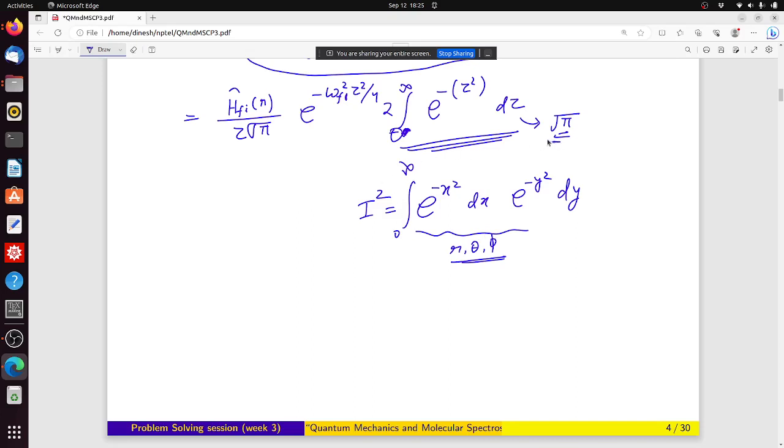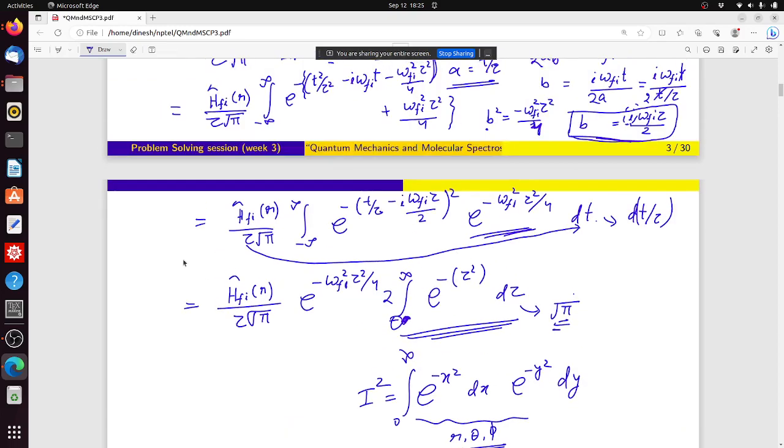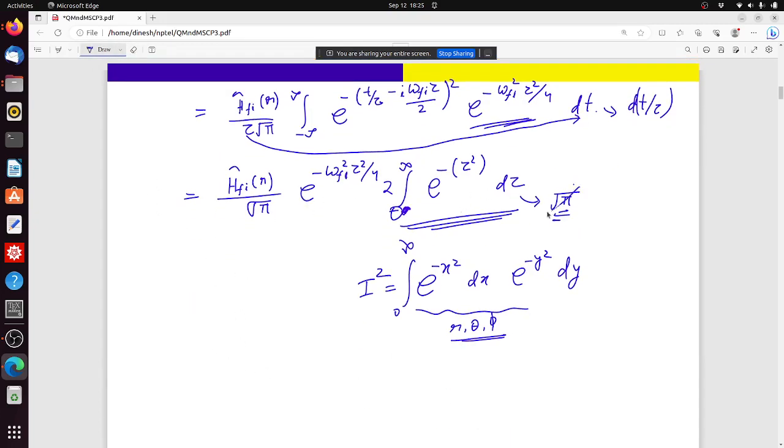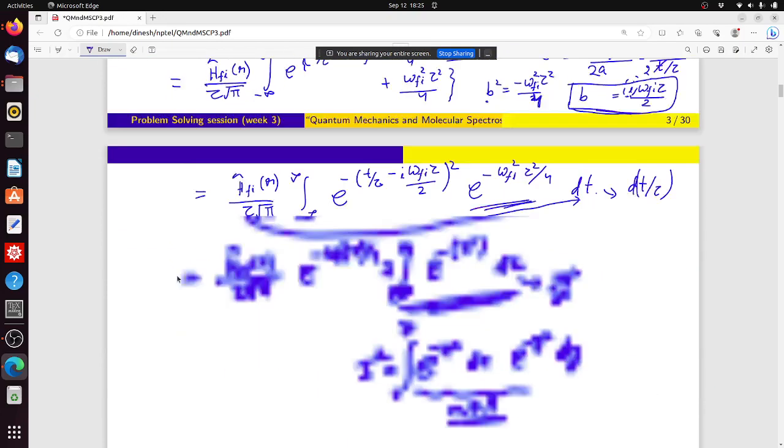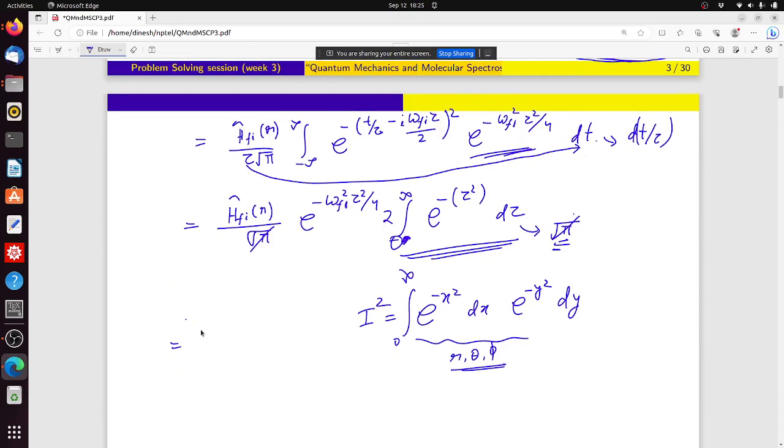So this is root pi. Okay, so we have root pi here, actually I took this tau inside, so this root pi and this root pi will cancel, and our integration is h of fi r, this is prime actually, and this is e to the power minus omega fi square tau square over 4.